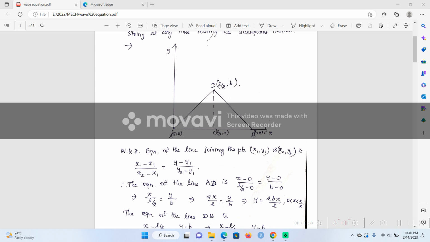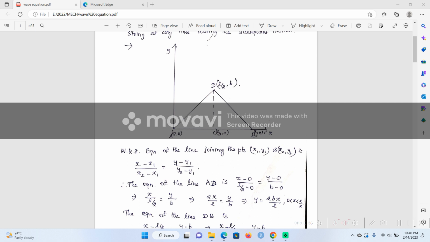So here these 2 points are tightly fixed. So the movement does not happen at these 2 points. So at A the length is 0 and the displacement is also 0. So we are considering the coordinate of A to be 0, 0.